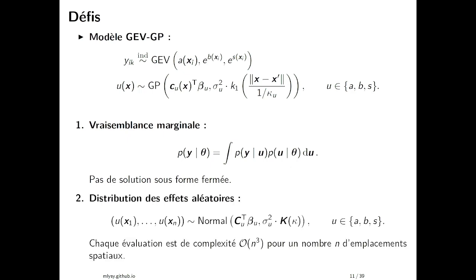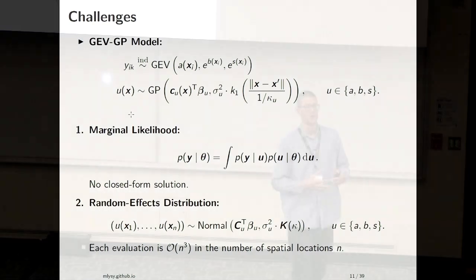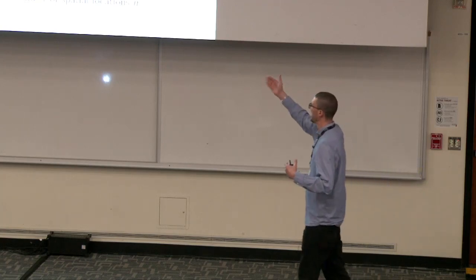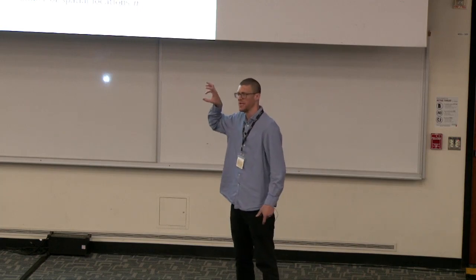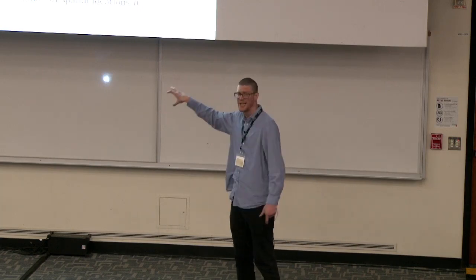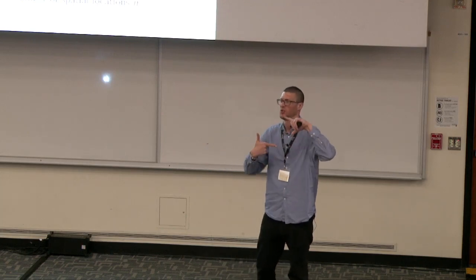And then number two, so this is a problem that plagues a lot of spatial analyses with Gaussian processes, at least, is that the computations scale very poorly. So we're looking, let's say, at finite, we have n locations. Well, every time I want to write down the multivariate normal on those n locations, there's an n by n covariance matrix lurking in there.